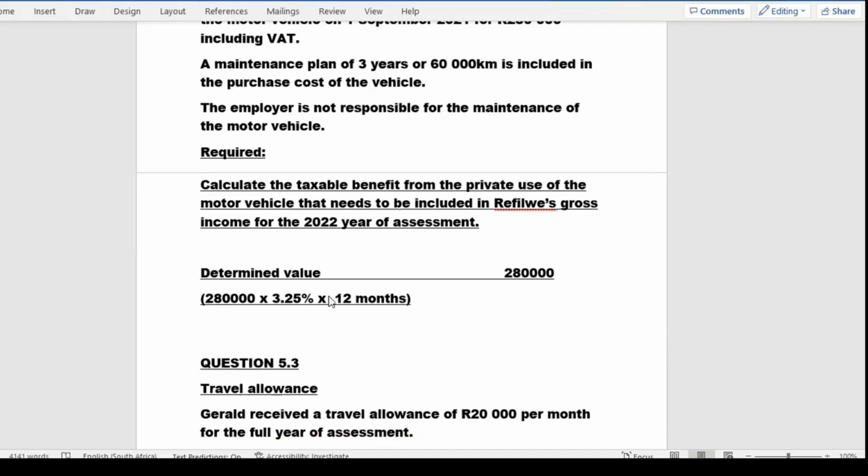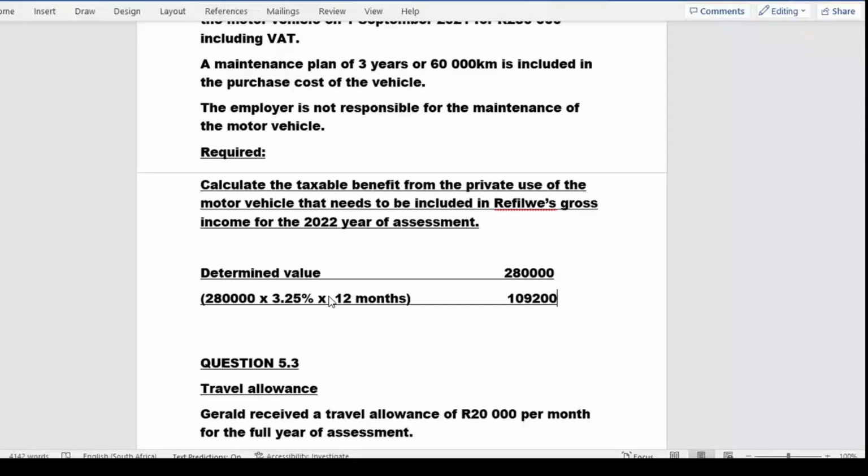How much is 280 multiplied by 3.25%? 109,200. That's your final figure.